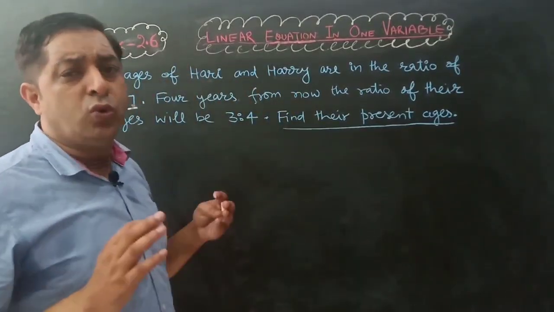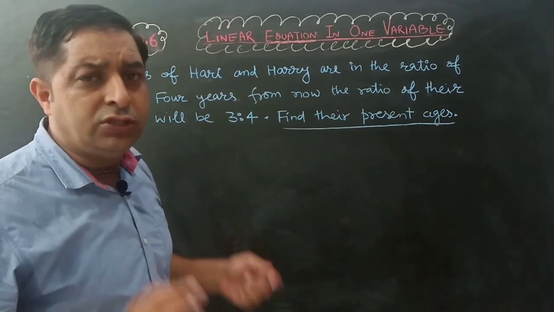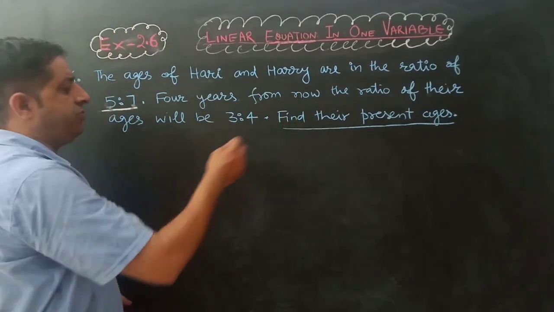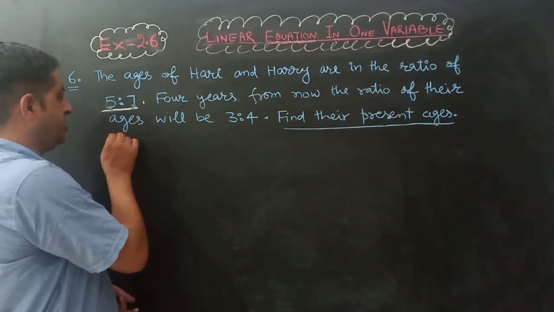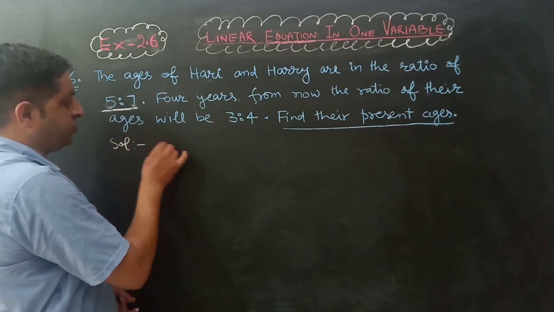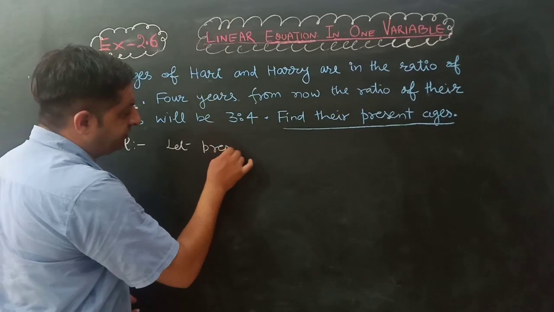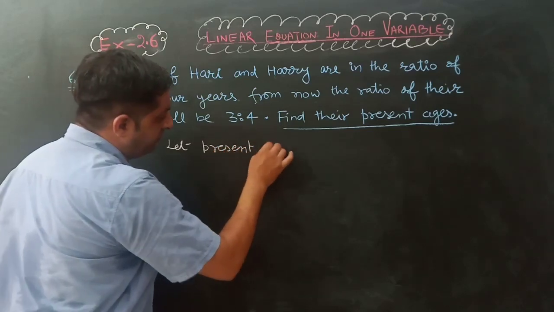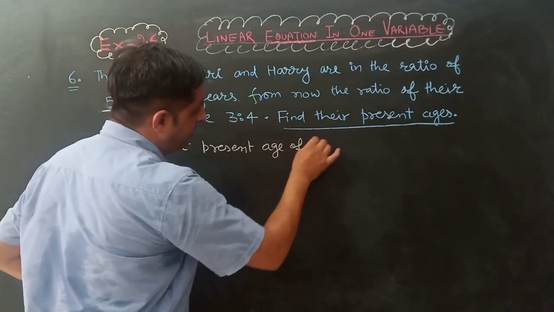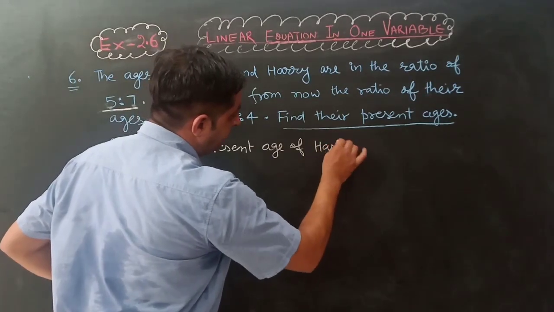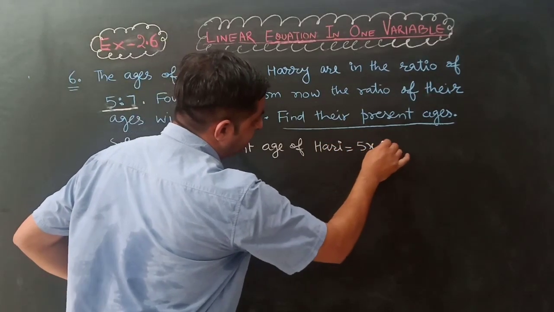In the question, whatever we have to find, we suppose that. We have to find their present ages. So let us suppose that the present age of Hari is equal to 5x years.